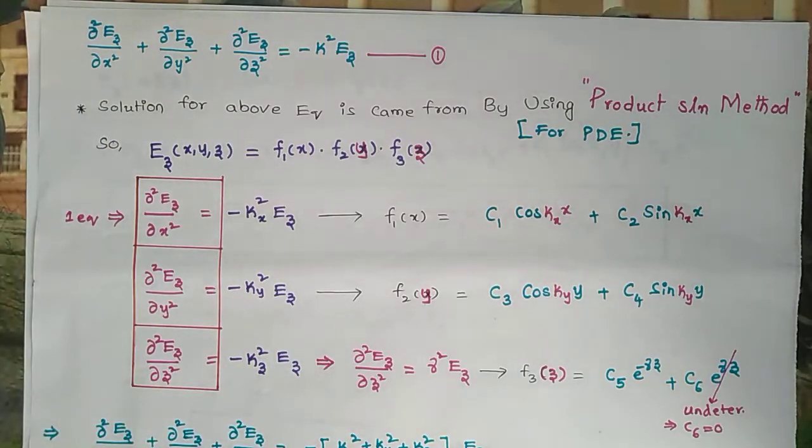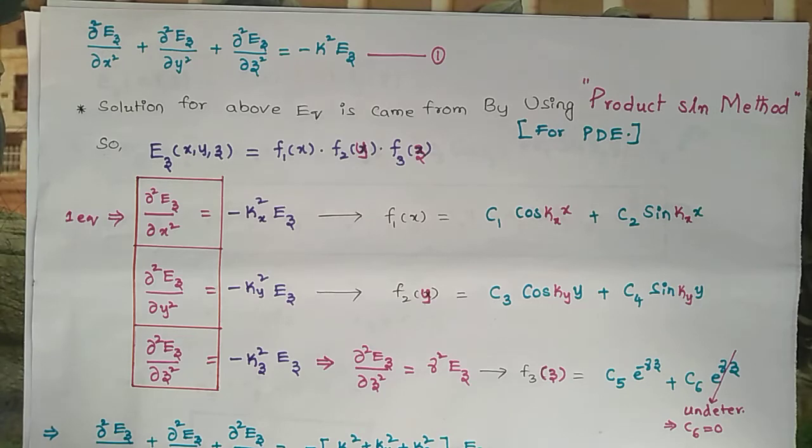This is a three-dimensional partial differential equation, so I have to find the solution of it. Since it is a partial differential equation, I am taking the individual components and finding the solution of each.